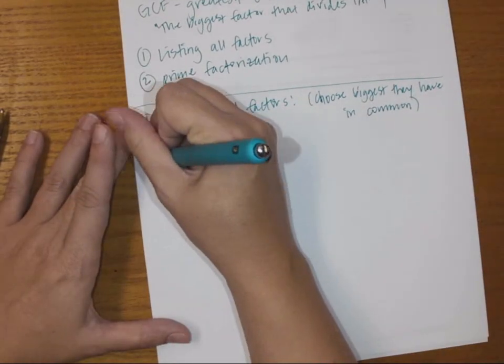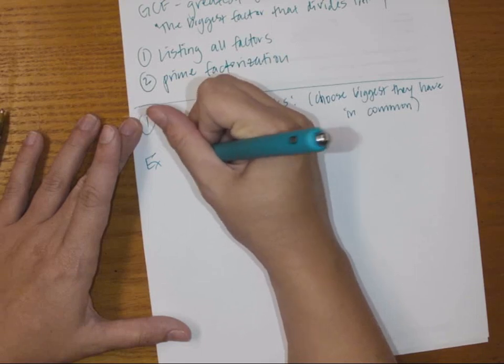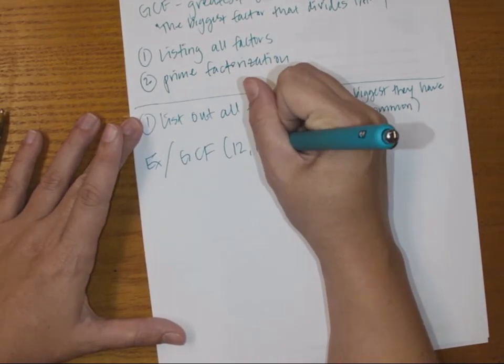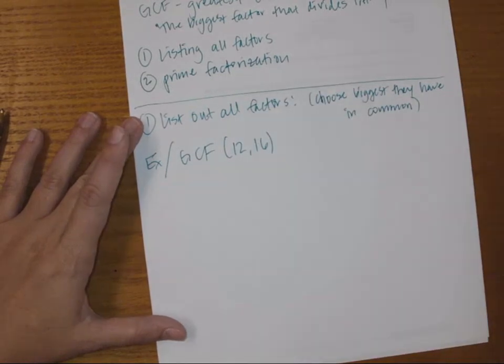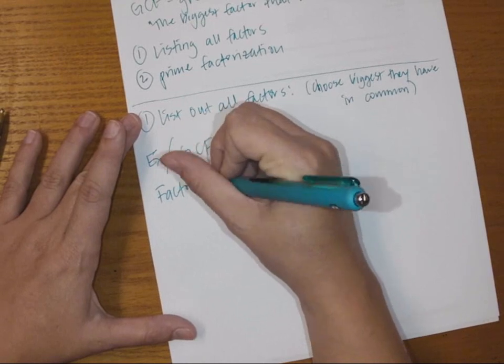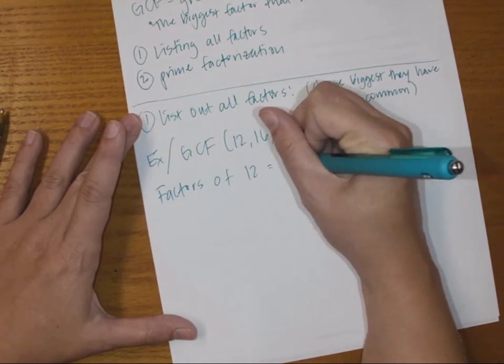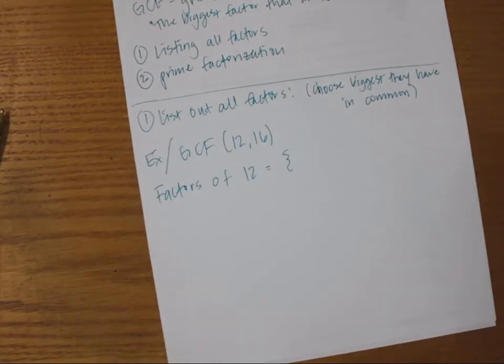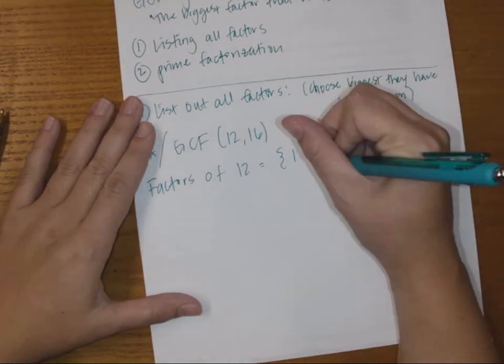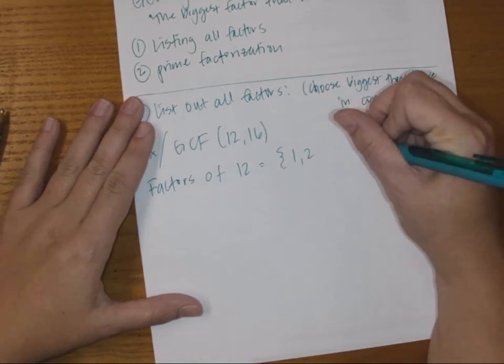Okay, so for example, if I wanted to find the greatest common factor of 12 and 16, the first thing I would do is list the factors of 12. So I think through, what things multiply to give me 12? Well, 1 times 12. What else? 2 times 6.